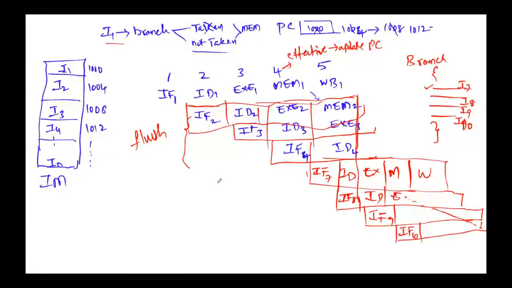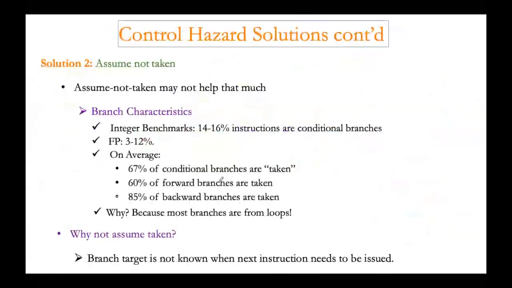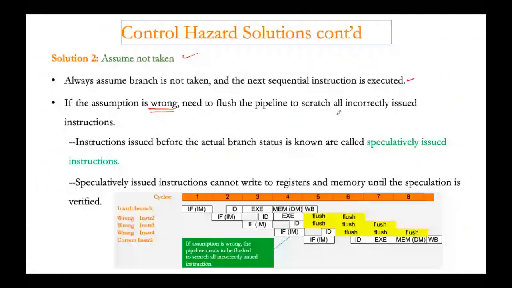We call this assume not taken. So always assume the branch is not taken and the next sequential instruction is executed. If the assumption is wrong, we need to flush the pipeline to scratch all incorrectly issued instructions, like instructions 2, 3, and 4 in our example.